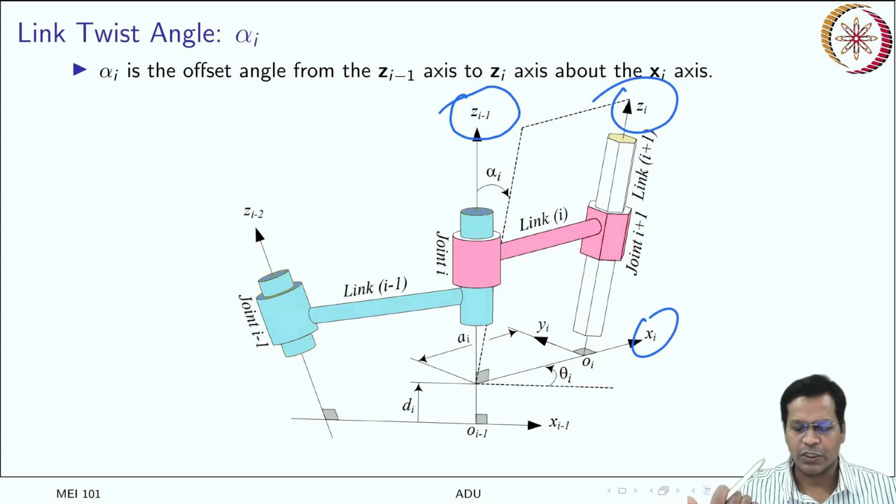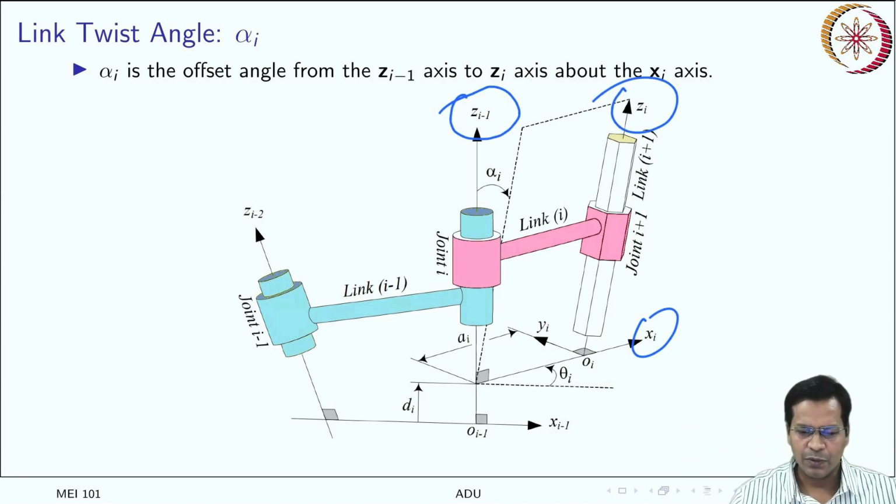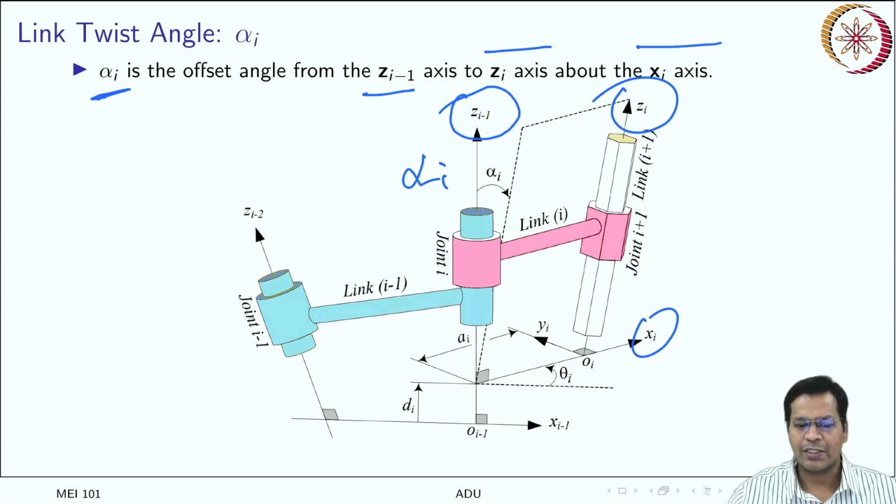Counterclockwise is positive. Okay, it also follows the right-handed convention. So as per the thumb rule, counterclockwise is positive. If you go like this, the direction is your x-axis. So that is your angle. So this is your alpha i. So it is the angle between the zi minus 1 and zi axes measured about the xi axis. This is known as the twist angle.